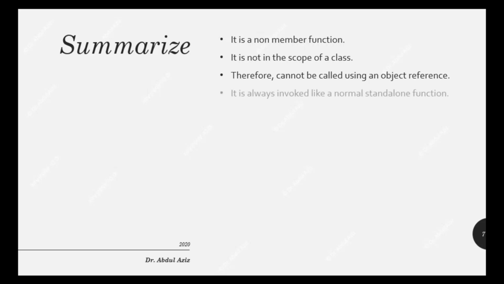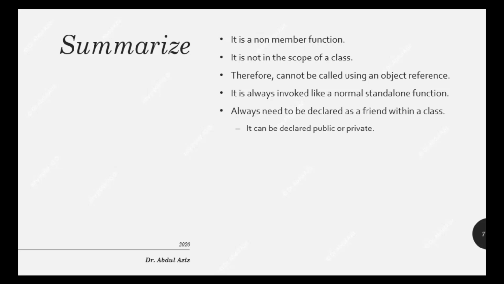It will be called directly as a standalone function. And there are two things to remember. First, we need to declare the function within the class as a friend. We can declare it either in the private area or in the public area.